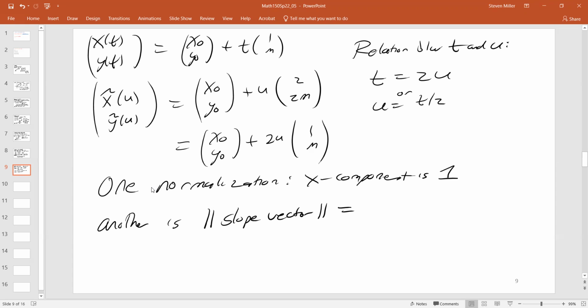What would be a good norm? What would be a good length for it to have? 1. So it's a vector of unit length, and then we just specify some direction. These are the two most natural normalizations. One of these normalizations is better than the other. Which normalization is better?